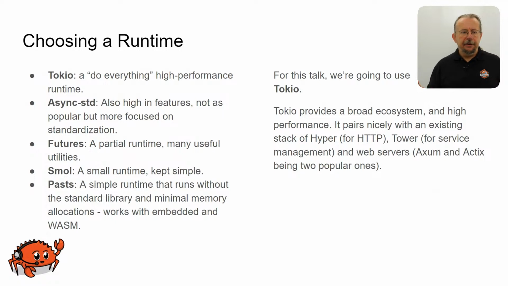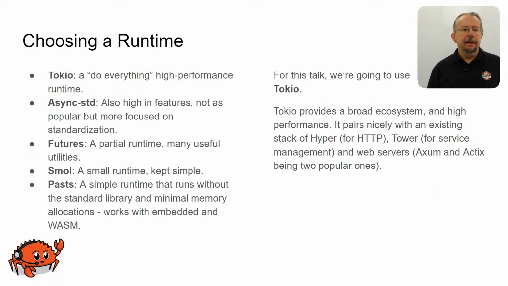Now for the rest of this talk, I'm going to focus on Tokio because it's what I'm most familiar with, most comfortable with, and it's probably what you need to actually start making use of Rust and async in your day-to-day workflow, to start producing services quickly.